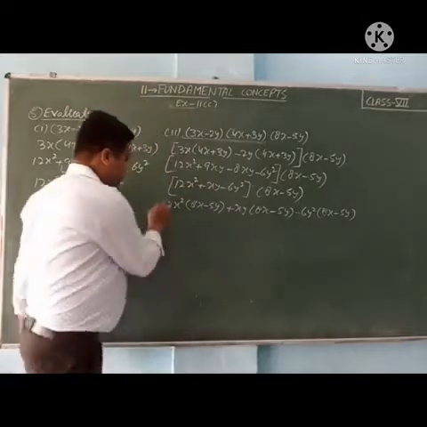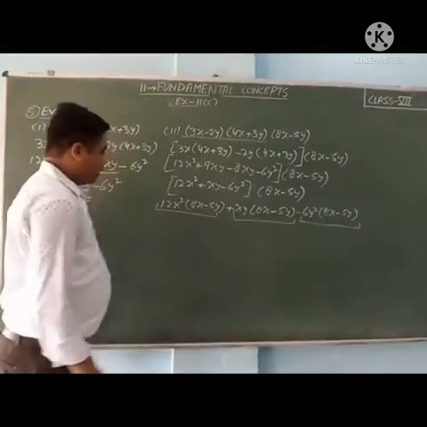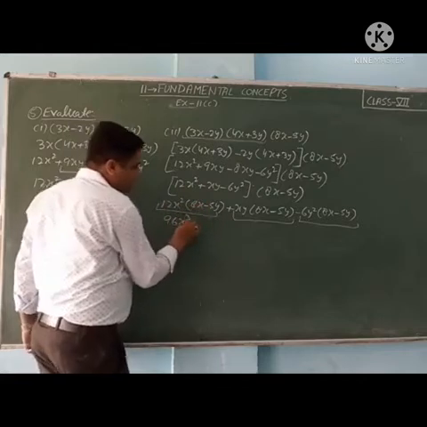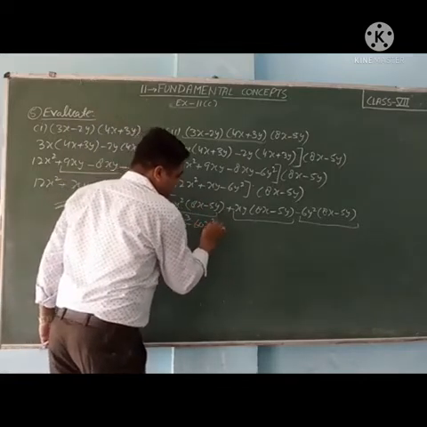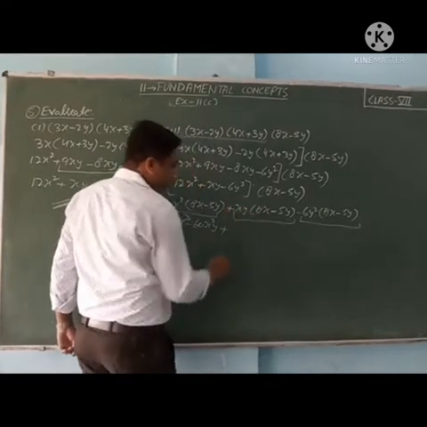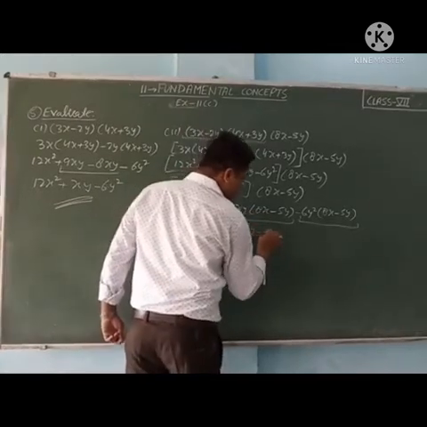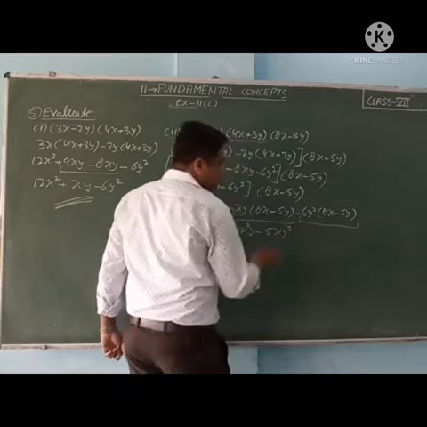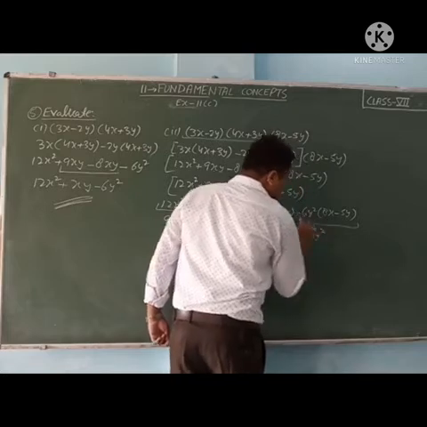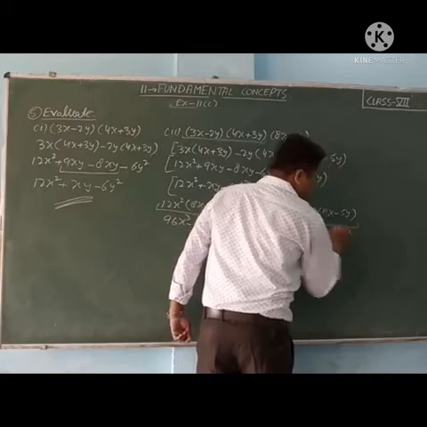Now multiply each group. So 12 eights are 96x cube, minus 60x square y, then plus xy into 8x, so 8x square y, minus 5xy square, minus 6 eights are 48xy square, plus 6 fives are 30y cube.